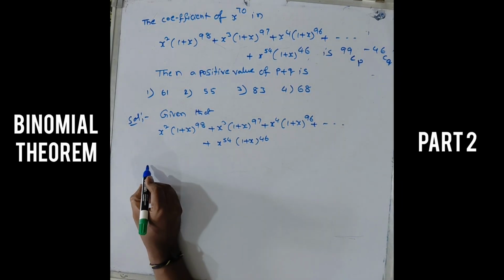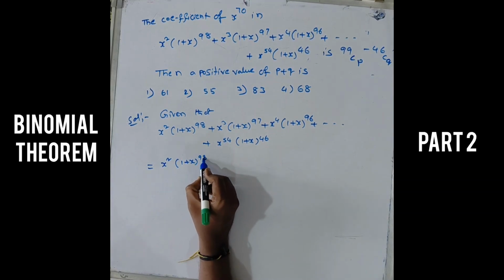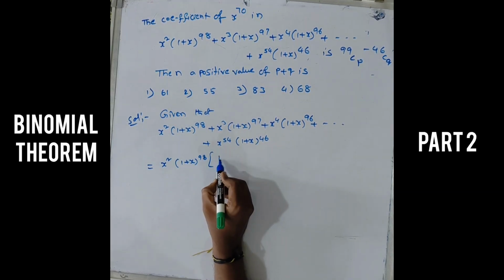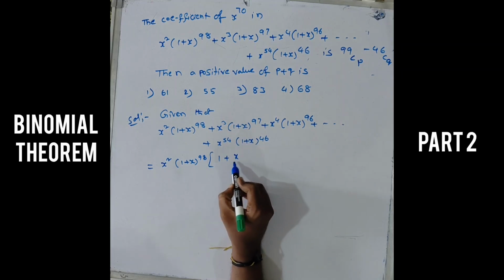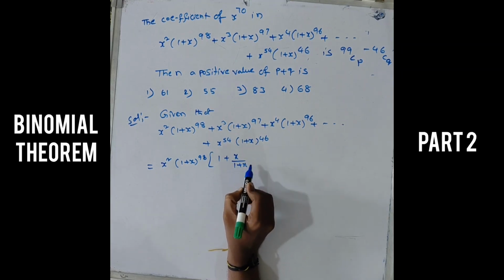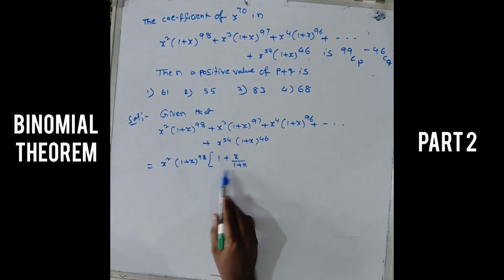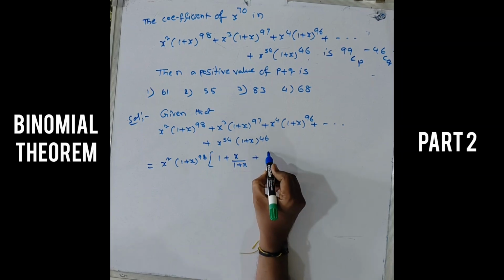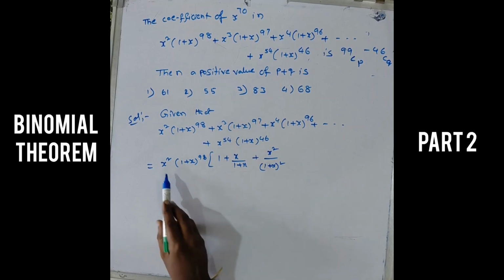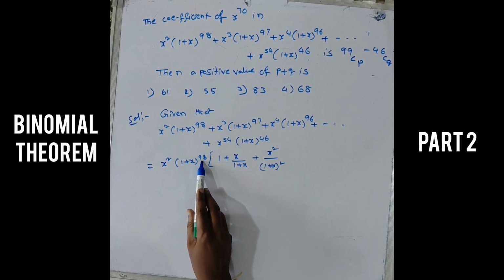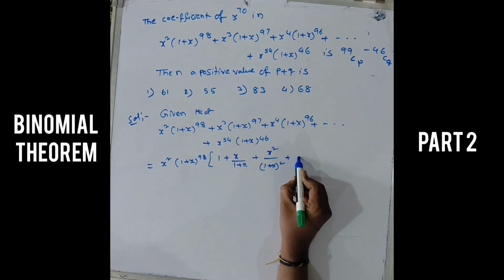You observe carefully here, x^2(1+x)^98 is a common term. Taking x^2 common, in the next place we have only x, so we get x/(1+x). Then x^2 into x gives x^3, and (1+x)^98 by (1+x) cancels once, leaving 97. Next, x^2 by (1+x)^2: x^2 into x^2 is x^4, and (1+x)^98 divided by (1+x)^2 cancels two times, leaving 96, and so on.